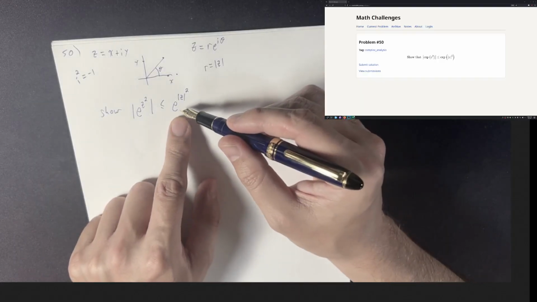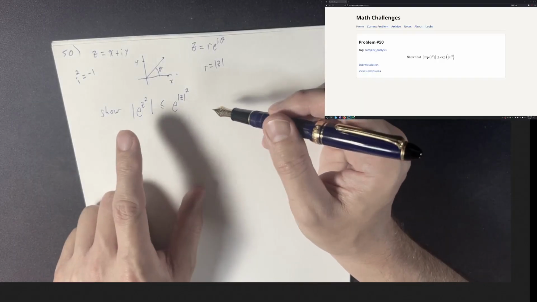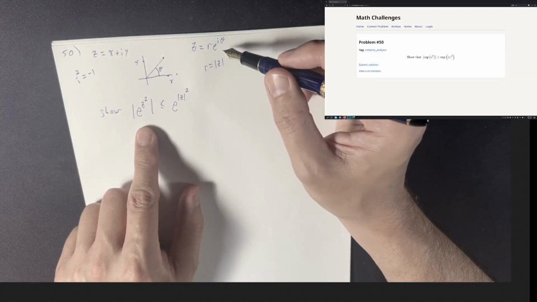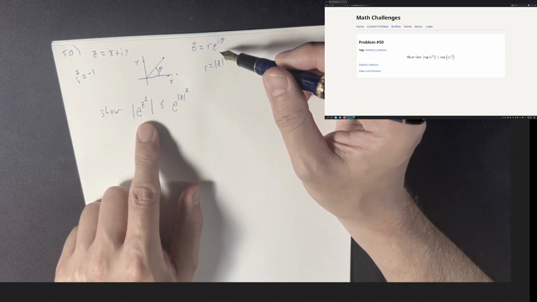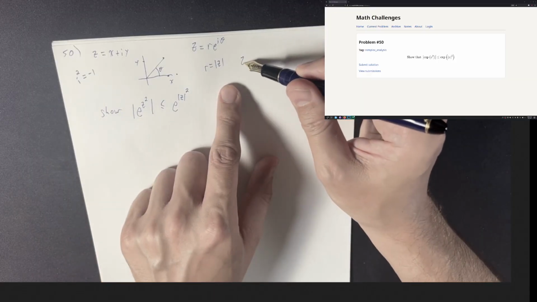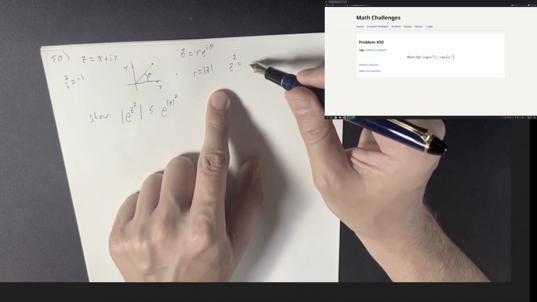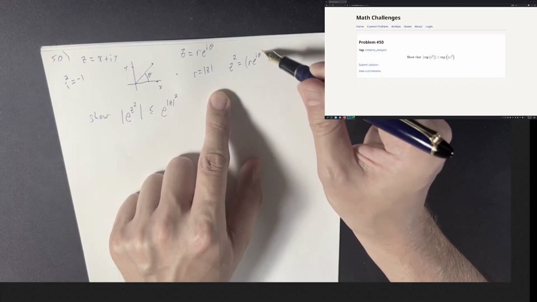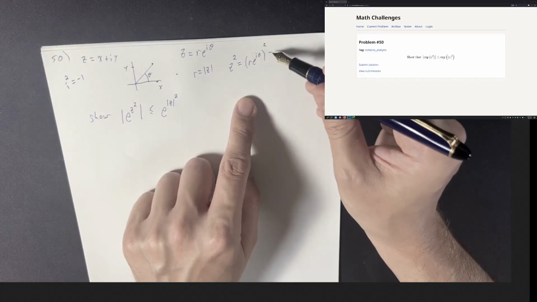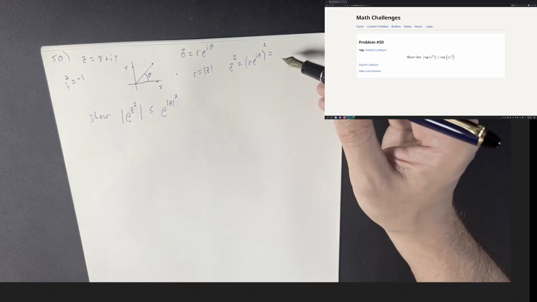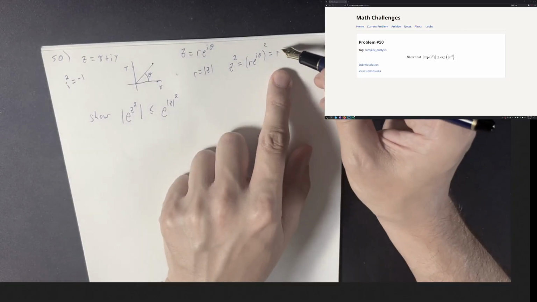So like, right-hand side here is e to the r squared. The left-hand side is not, but I guess it's easy to think that it is. If you're using this notation, then z squared is this times itself.